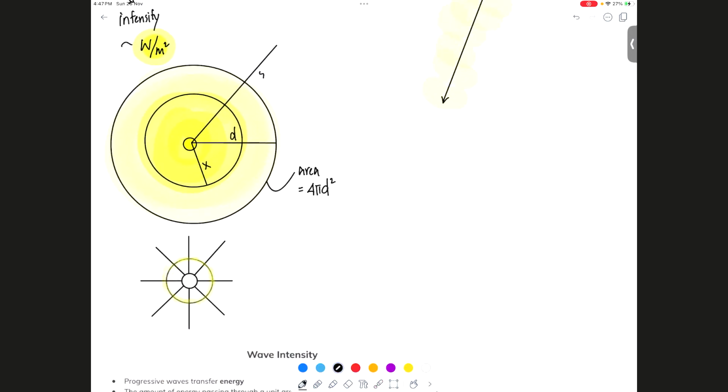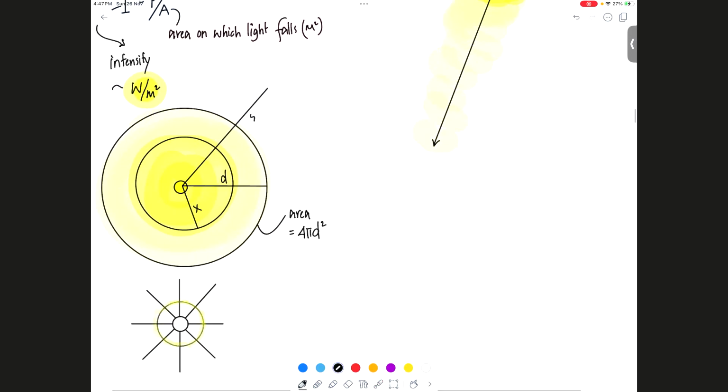So eventually what we find is the formula for intensity at a distance. Intensity at a distance is equal to power divided by area. And what's the area that the light is spreading onto?